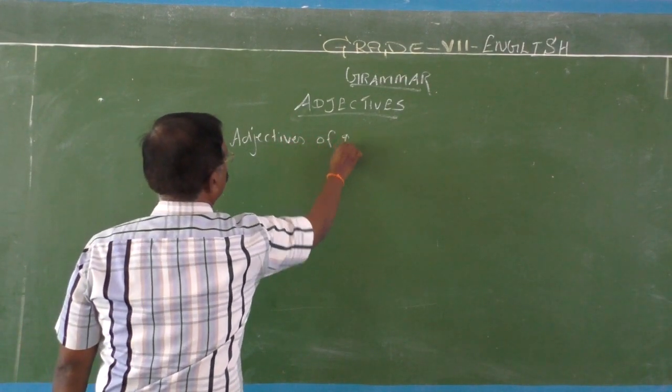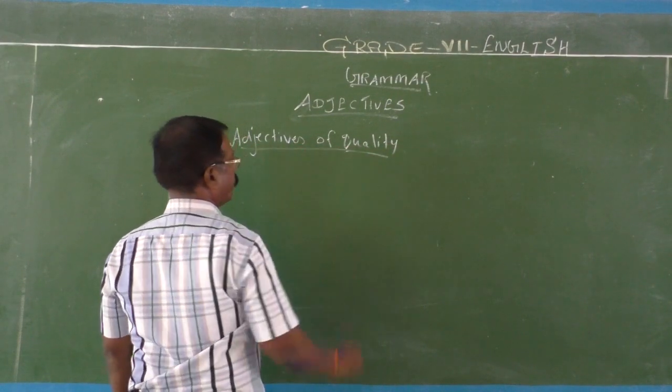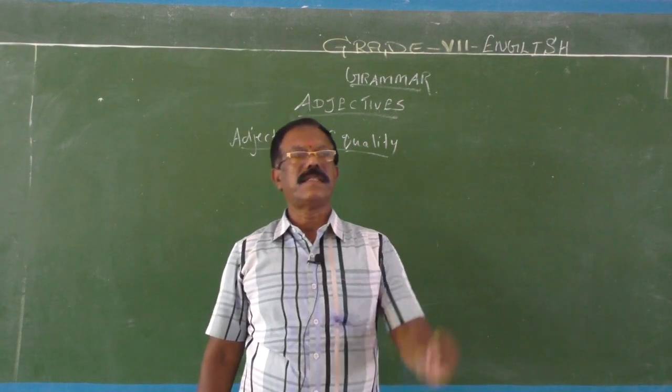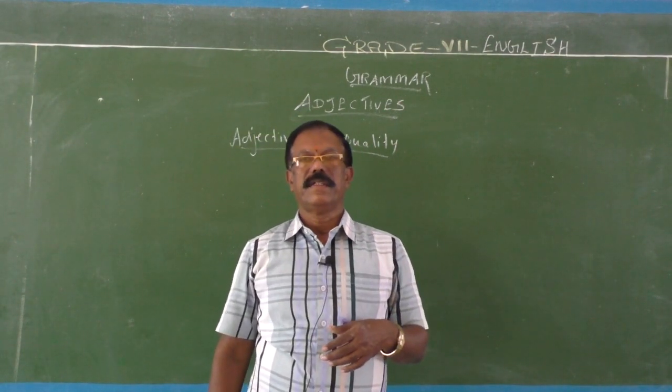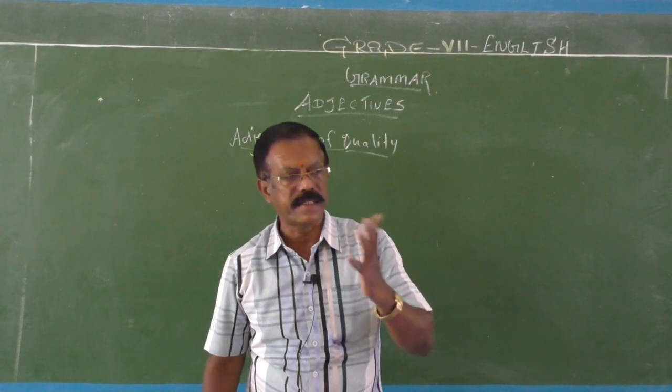Adjectives of quality. You know the meaning of the word quality. It describes what kind of. He is a good boy, it is his quality. He is a sharp pencil, it is the quality of the pencil. He is a white paper, that is the color of the paper.